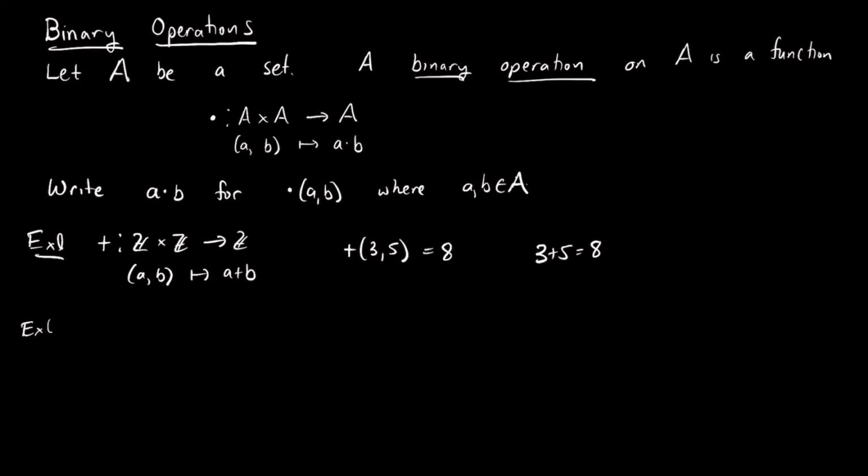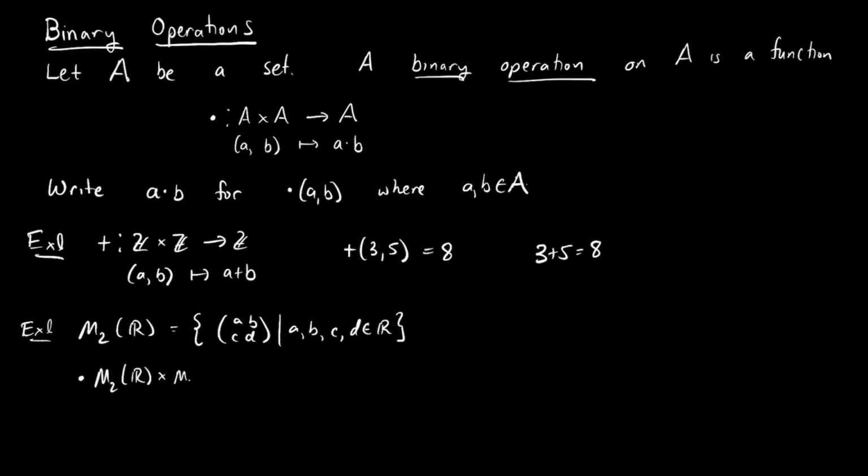Another example, something maybe a little bit more complicated, let's consider M2 of R. This is going to be the set of all 2 by 2 matrices with real entries. An operation that we know is matrix multiplication. So for example, matrix multiplication from M2 of R cross M2 of R to M2 of R is a binary operation.